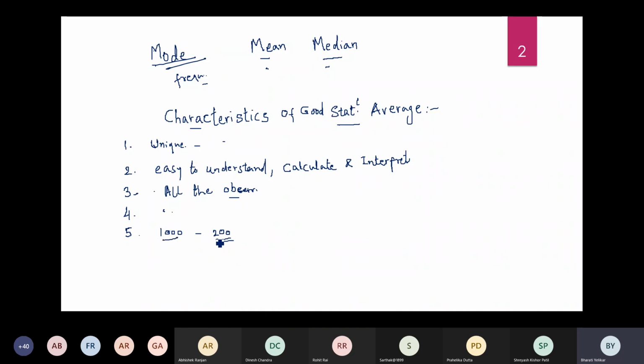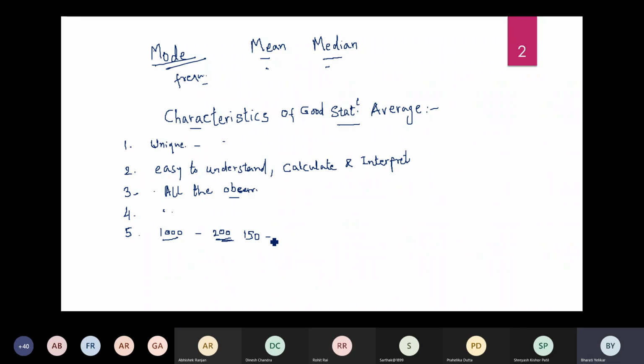This is the population and this is the sample size. That means this is the total number of students, and you cannot reach all 1,000 students. That's why you are accepting responses from 200 students. And suppose this fluctuates, and you have taken 100 or 150 or 175, whatever, it should not affect the result. So that's why it should be least affected by the fluctuations of sampling.